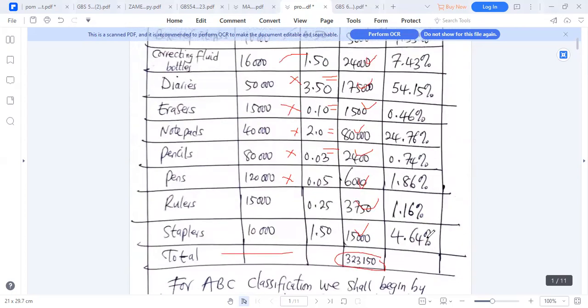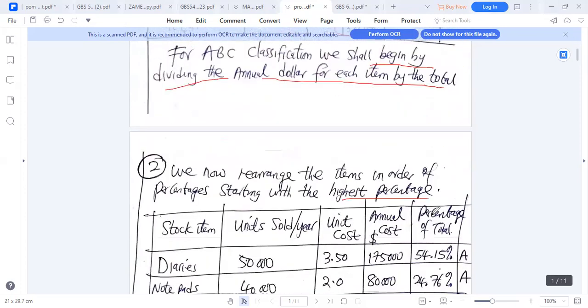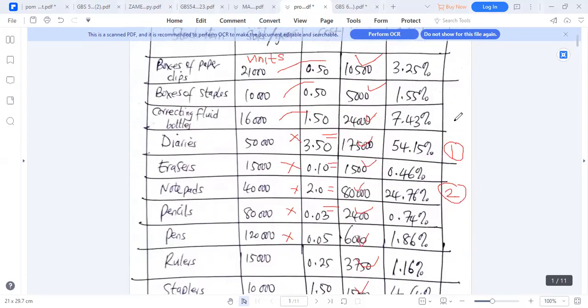So from here, the ranking of percentages that we need to look at is that this one should be number 1. Number 2 should be 24 because of the percentage following that. Then getting down, the percentage was 7.3, which is number 3.